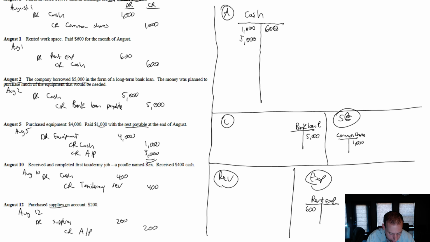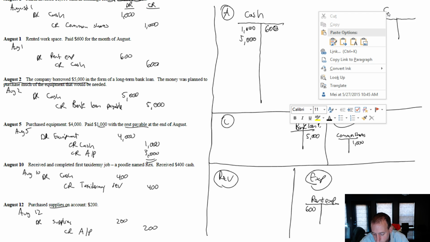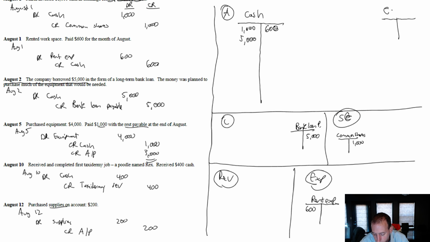Debit equipment, credit cash, credit AP for 1,000. Debit equipment for 4, credit cash for 1, credit AP for 3. Okay, debit equipment. I'm going to need a T account for equipment. I'm going to put it over here. I'm leaving some odd spaces, I realize. I'm actually mortified. I haven't done this in my software before. I'm mortified I'm going to run out of room.